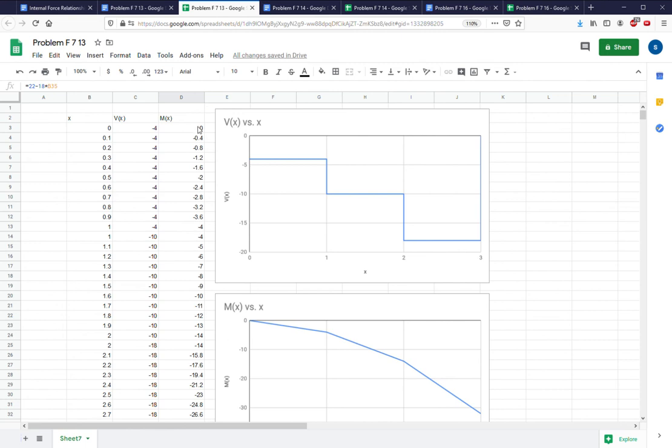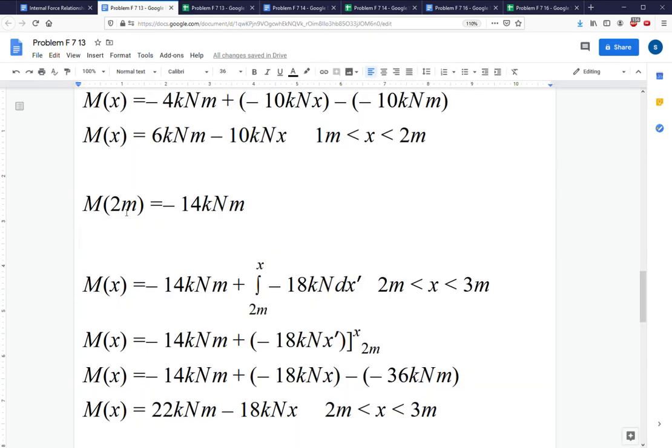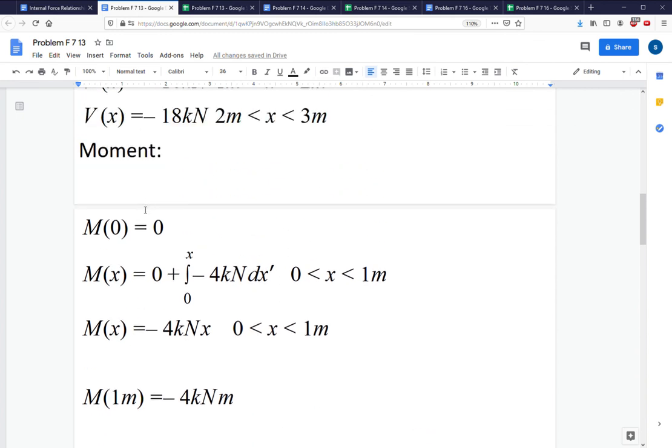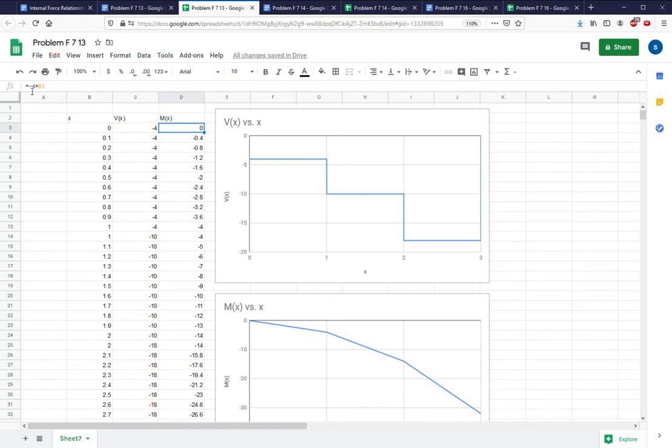Now for moment of x, I did not individually calculate all of these. I used the function because I do have a moment function. So the moment function for the first meter was -4 kilonewtons x. So the formula is -4 times x. Now that is true up until here. We made the sudden discontinuous jump, so I changed the formula.